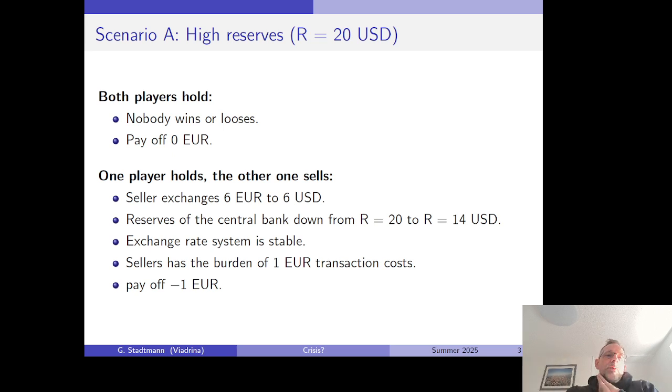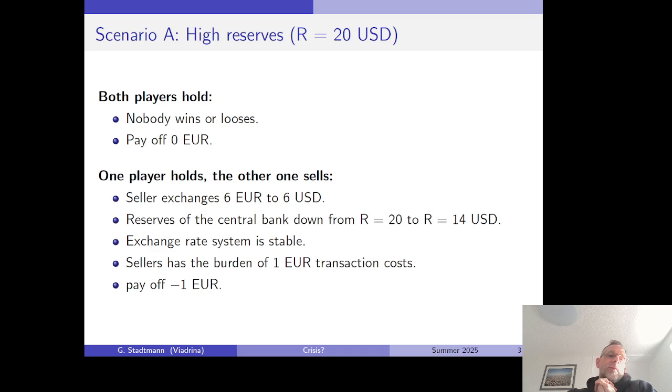In scenario A, we are assuming that the central bank is endowed with high reserves, R is equal to $20. In case that the two financial agents hold the euros, nobody wins, nobody loses, and the payoff for the two players is equal to €0. If one player holds and the other one sells, then the seller exchanges €6 into $6.